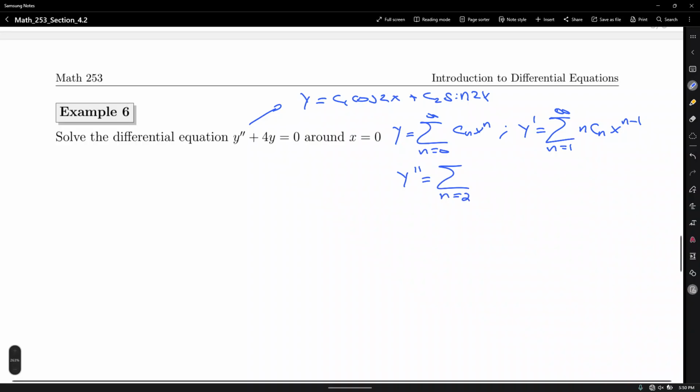We add one to the starting index every time we compute the next derivative, n times n minus 1 c sub n x to the n minus 2. What do we need to substitute? The series representing the second derivative into the second derivative term.